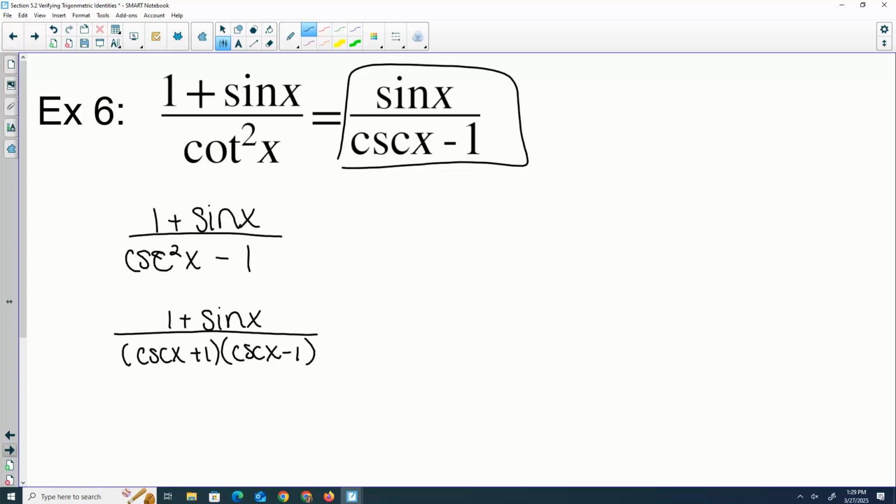Okay, keep our goal in mind. We may be taking a slightly odd path to get there, but I think we can still get there from this point. We want that cosecant x minus 1 on the bottom, so that's good. I don't want the cosecant x plus 1, and I don't want the 1 plus sine x on top. I just want a plain sine x.